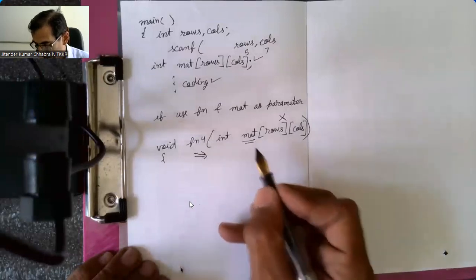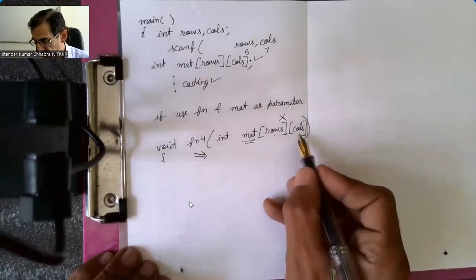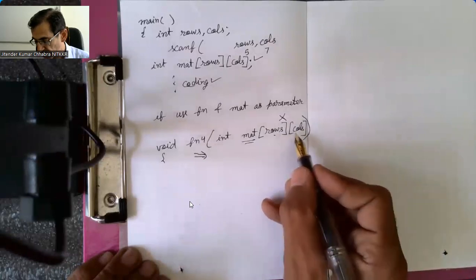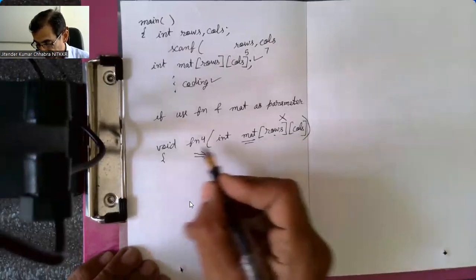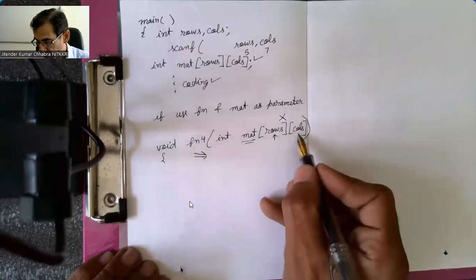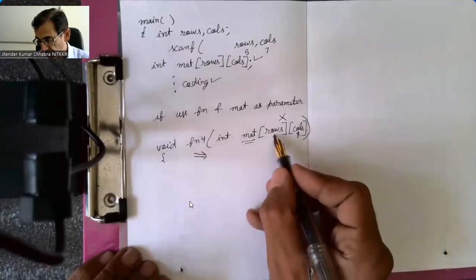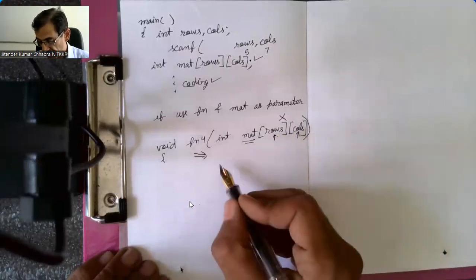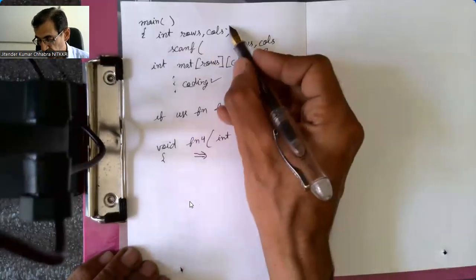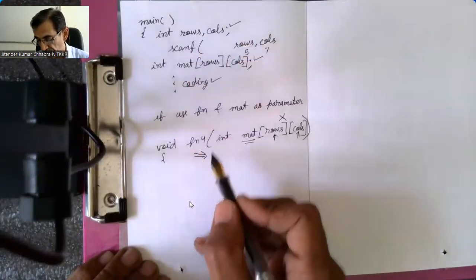any access of the mat ij element is being converted using the values rows and columns. Inside this function, rows and columns are not known. They are no more variables which are accessible. Rows and columns were accessible above.